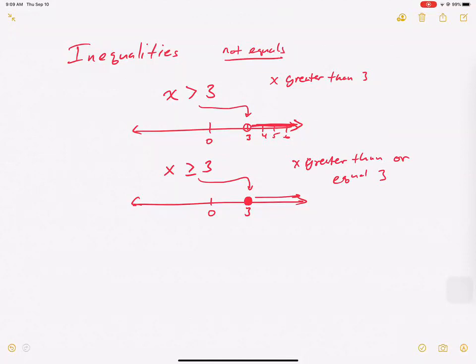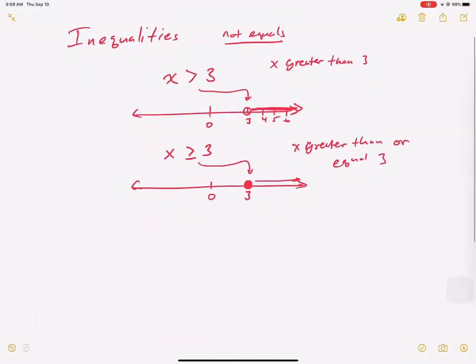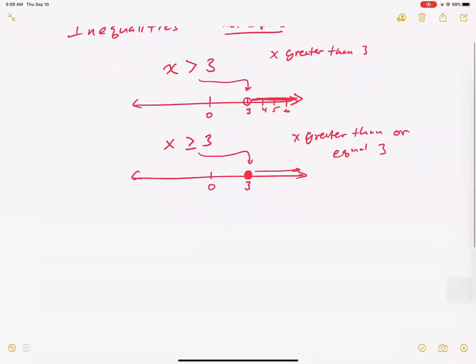So we're going to give you guys some problems, and you're going to tell me if this is a true statement or not a true statement. So right now, today, we're going to just learn to check inequalities.